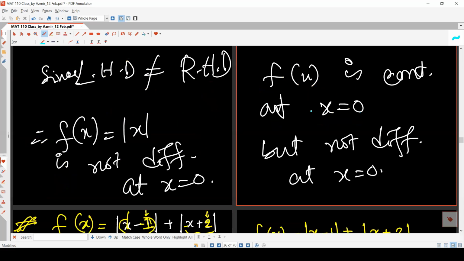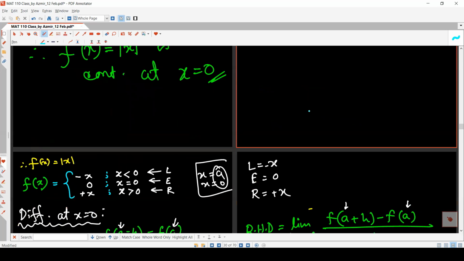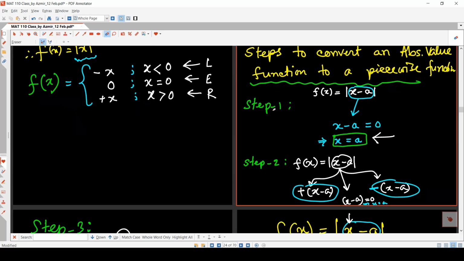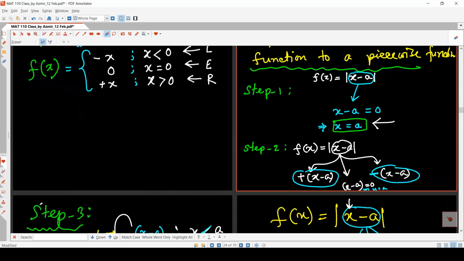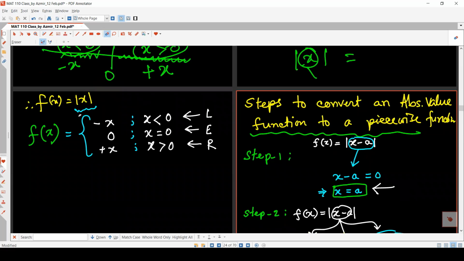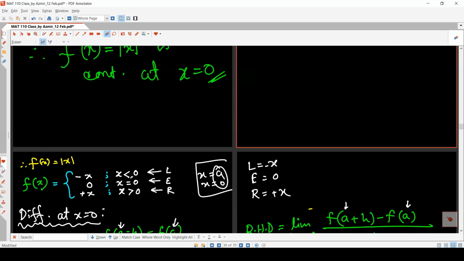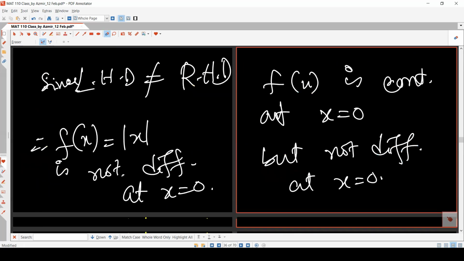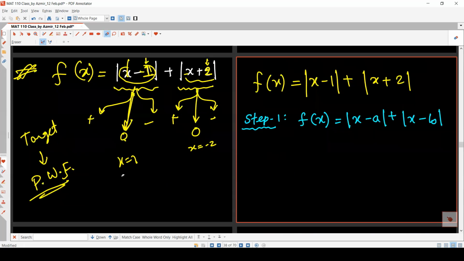So the previous problem that we have done, here we have only a single part. There is no summation or subtraction terms here. So if we have single absolute value function, then the process is this: step 1, step 2, and step 3. If we have two parts and both parts involve absolute value, then the process is somehow different.